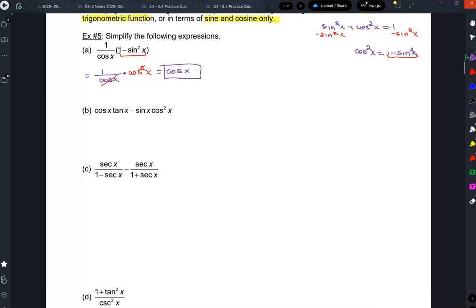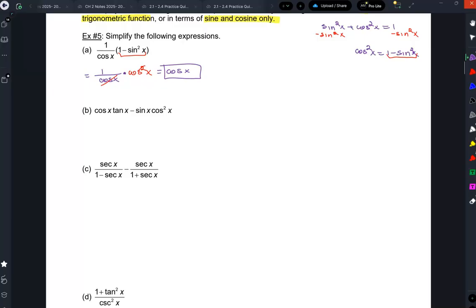Here, this is another type. Look at this. I have cosine, tangent, sine, cosine squared. Okay? I have a plus or a minus here, so I have 2 terms. Okay, there's more than one way to do this. I'm going to just choose one of the ways to do it, and that is the following. I have cosine, sine, cosine. This one kind of stands out.